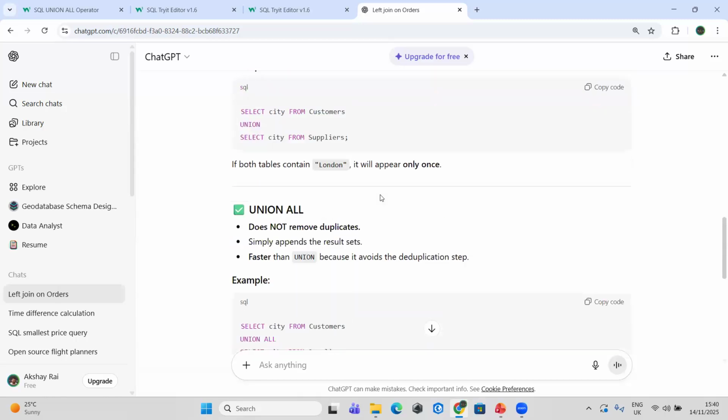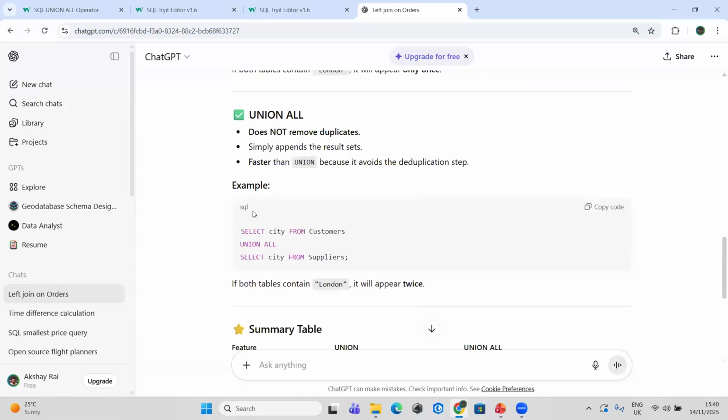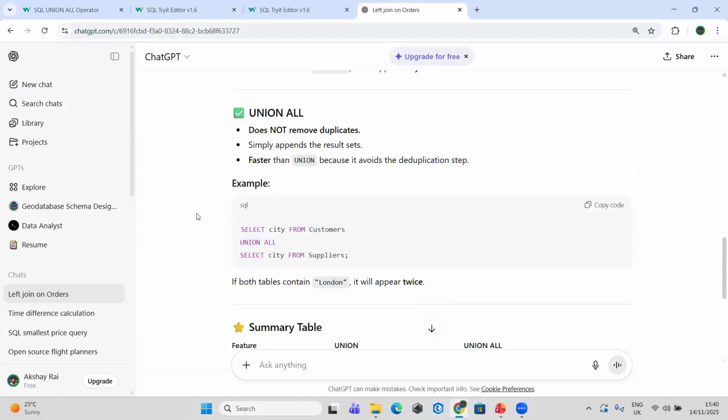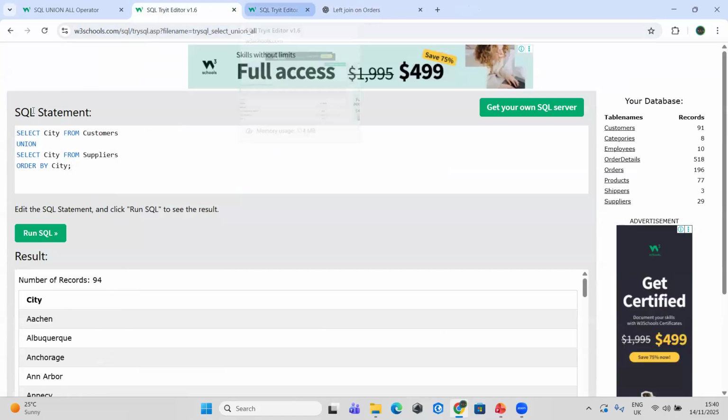So preferably it is better to use Union than Union All, right? That is why I should be doing Union All, 120.